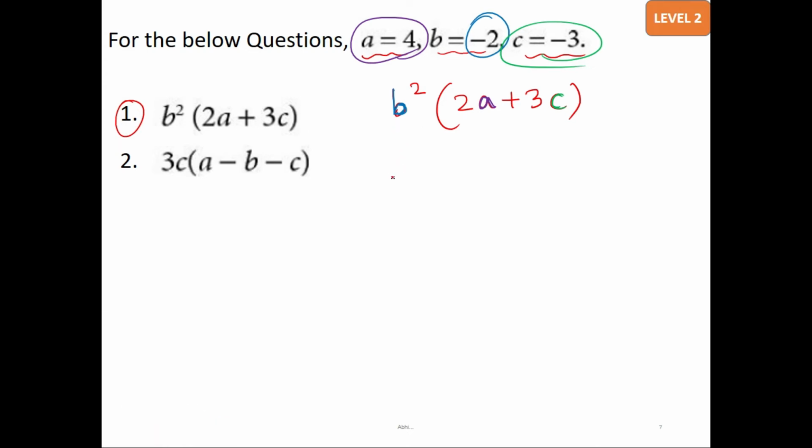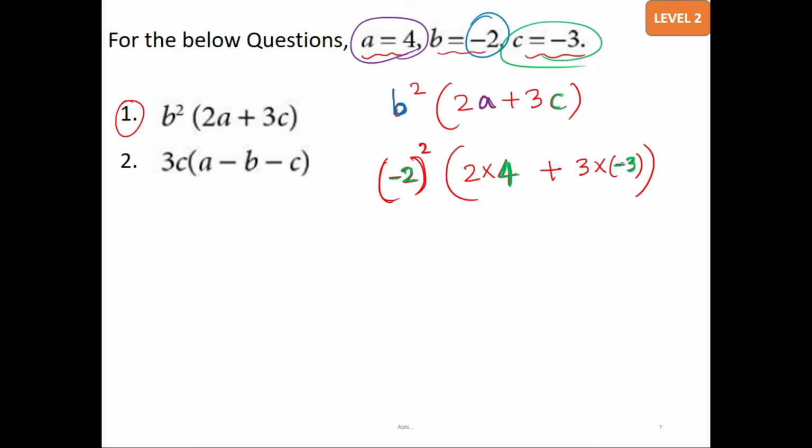Now B square, again a negative term, so I always prefer keeping a negative inside a bracket to make it an error-free calculation. 2 multiplied by A is 4, plus I have 3 multiplied by, again a negative, yes, so C is negative 3 here. So as expected, I have replaced the values for B, A, and C.